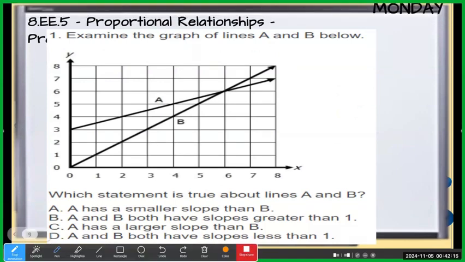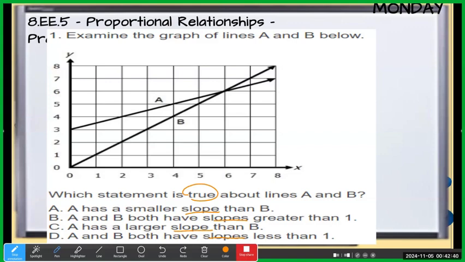It said examine the graph of lines A and B below, which statement is true? Each answer choice is talking about what? Slope. So that means before I do anything else, I may want to find my what? Find my slope of both.